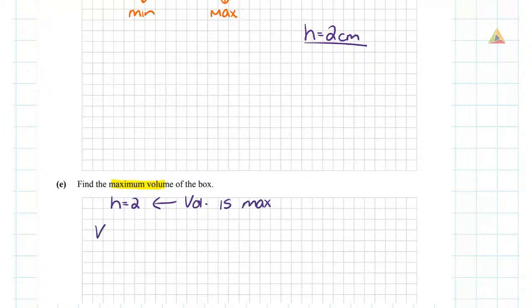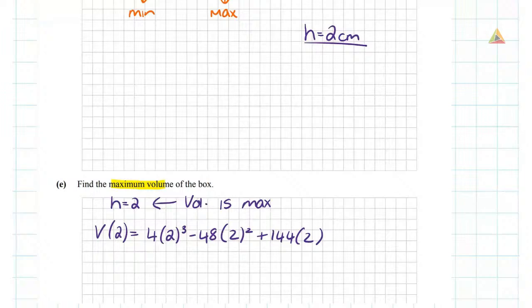So we're taking our volume formula, which is the original formula that we started with, and we're replacing every h with a 2. So it becomes 4 times 2 cubed minus 48 times 2 squared plus 144 times 2.